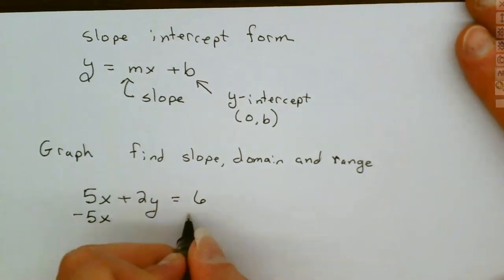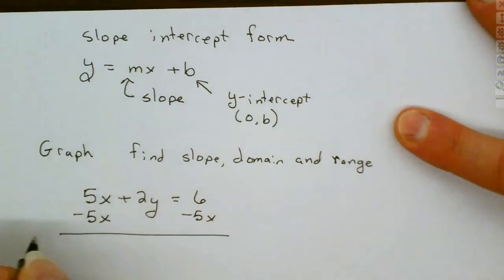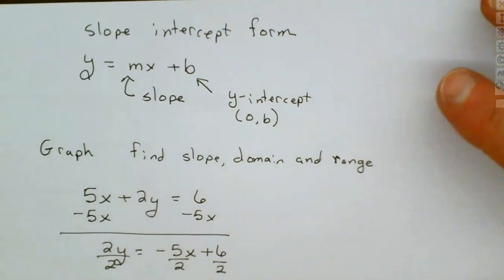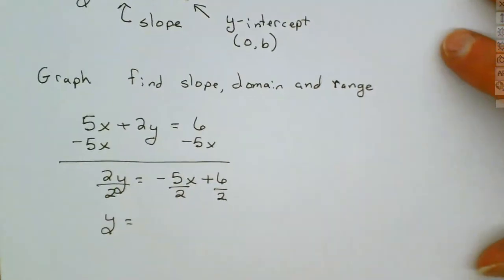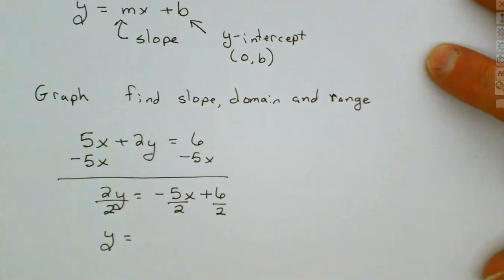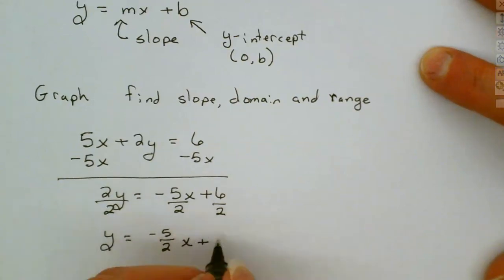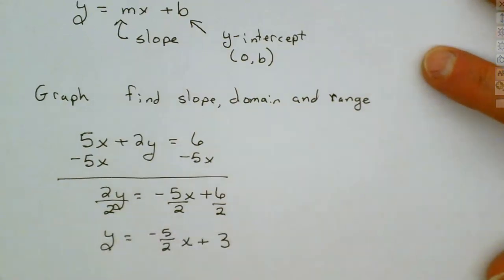So I'm going to move that 5x over. So now we've got 2y equals minus 5x plus 6. We'll divide by our 2. And now we've got our equation in slope-intercept form, y equals minus 5 halves x. And 6 divided by 2, well, that is a 3.